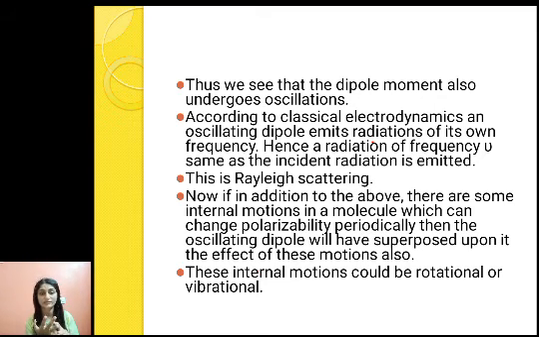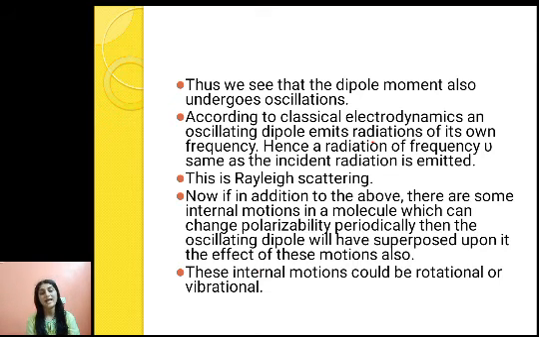The one which is unmodified in the Raman spectrum is because of Rayleigh scattering. Here we can see that an oscillating electric dipole, according to classical electrodynamics, emits radiation of its own frequency, and that is the reason for getting a parent line in the Raman spectrum.